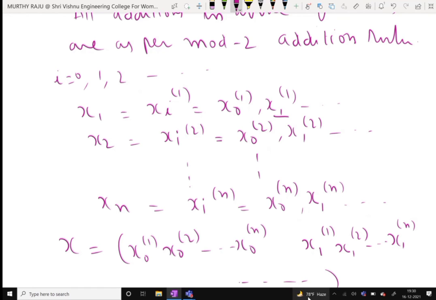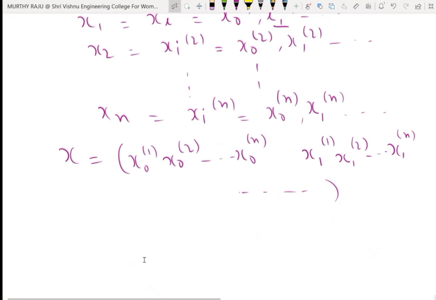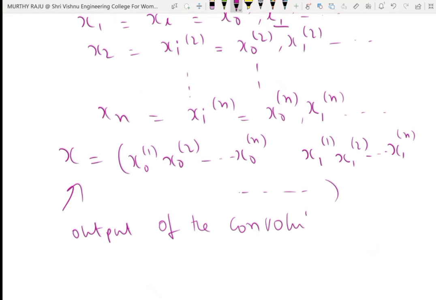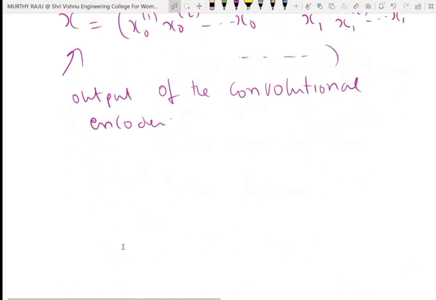This x is called the output of the convolutional encoder. With this, the analysis is completed.